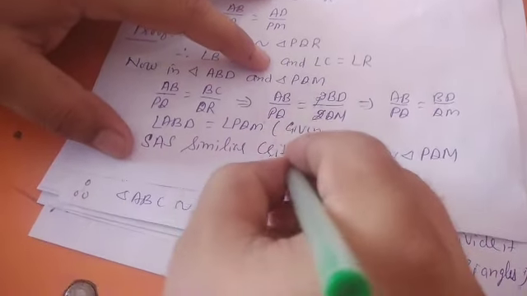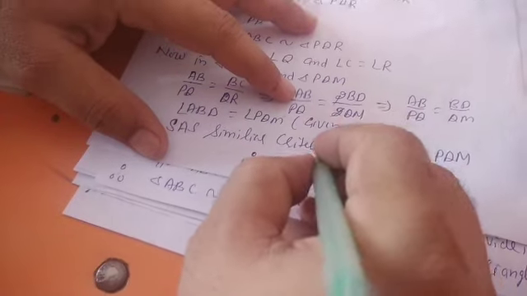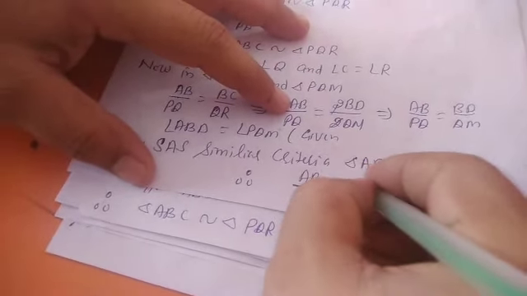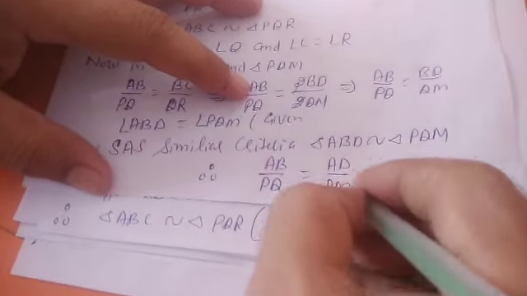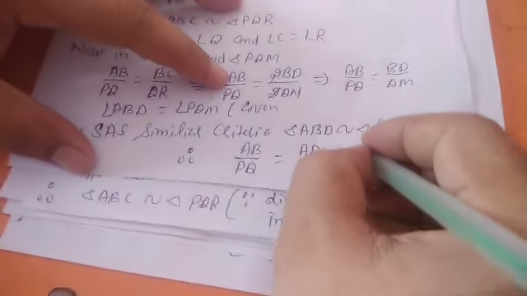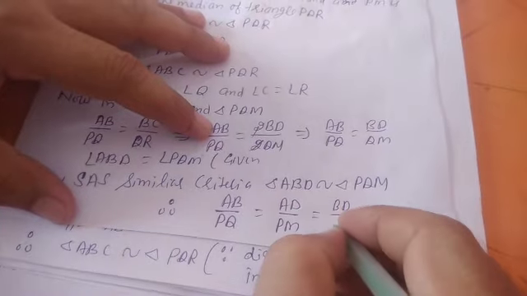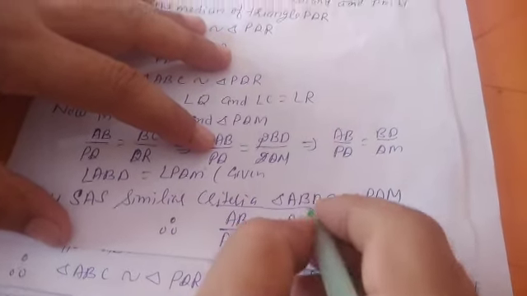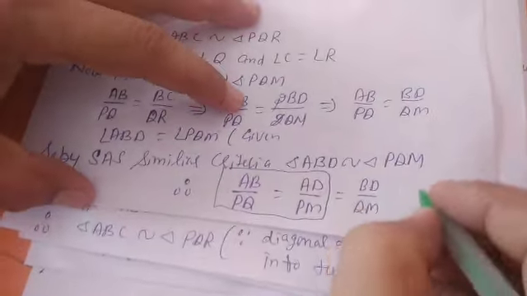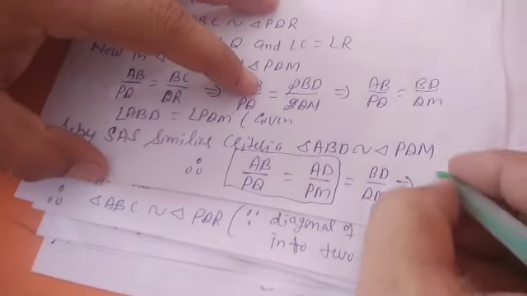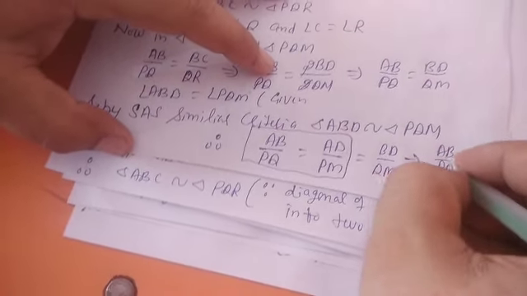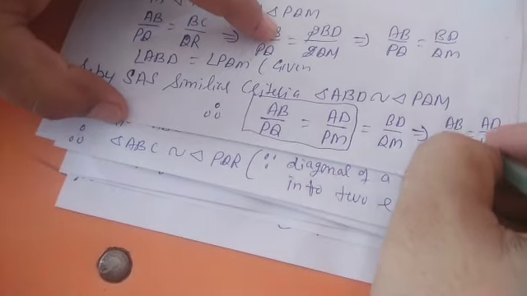Therefore, AB by PQ is equal to AD by PM is equal to BD by QM. We need these two. Therefore, this implies AB by PQ is equal to AD by PM.